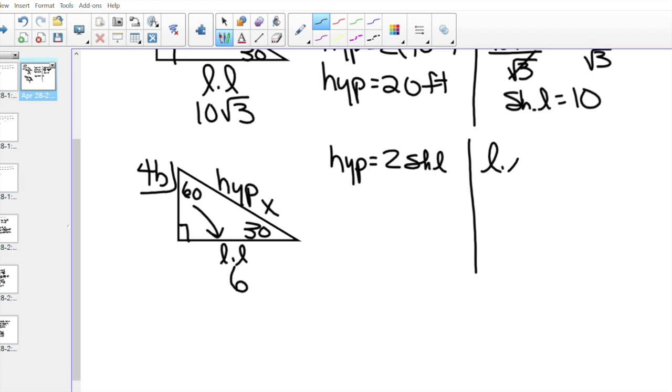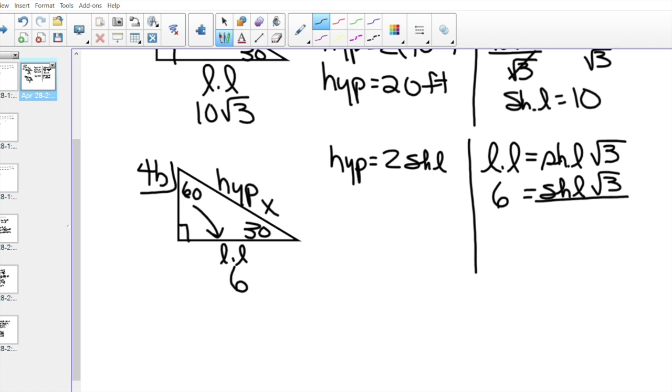Well, on theorem 9.9, the longer leg is equal to the shorter leg times the square root of 3. So in number 4B, the longer leg is 6. So we'll divide both sides by the square root of 3.